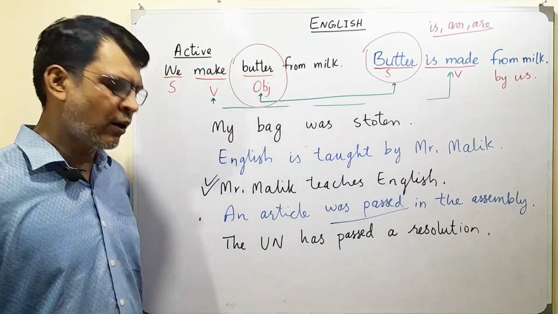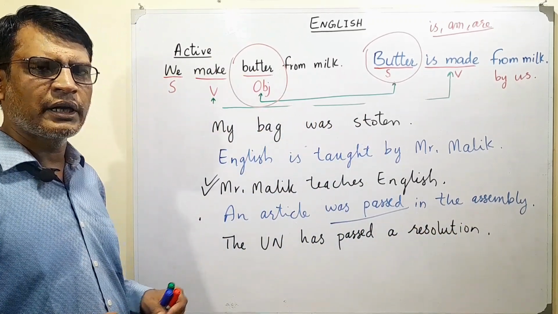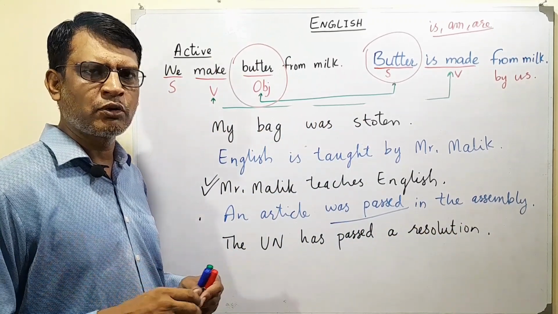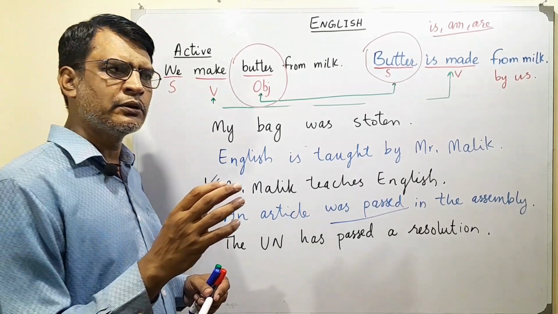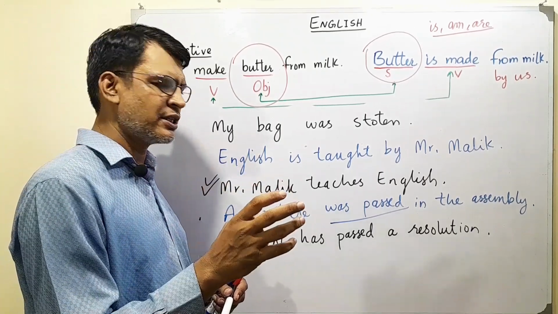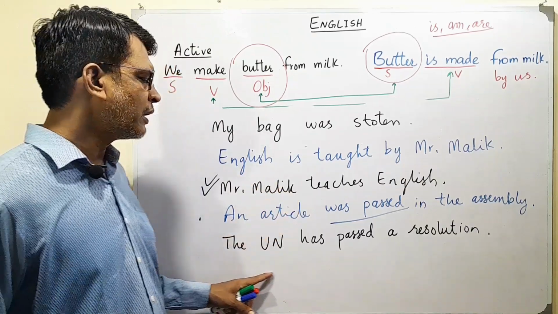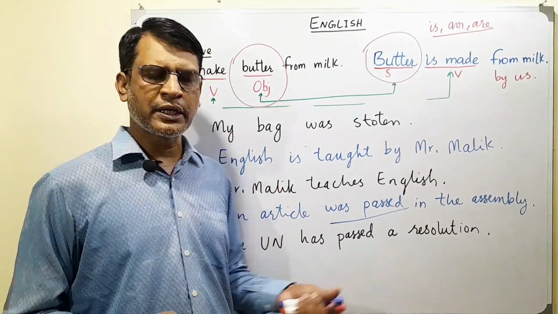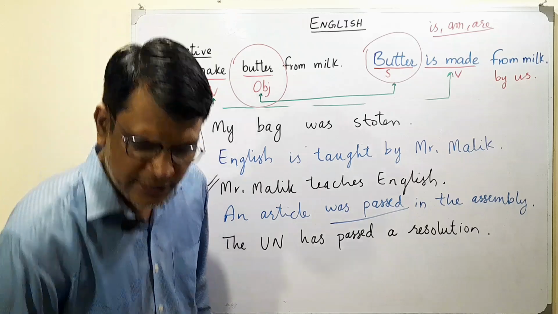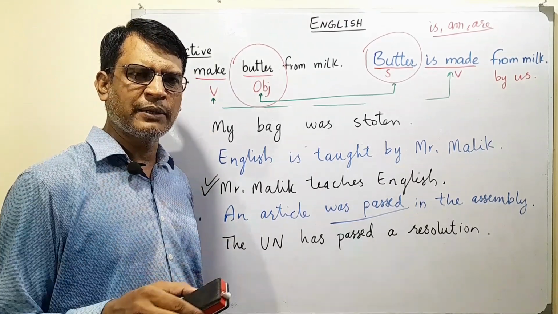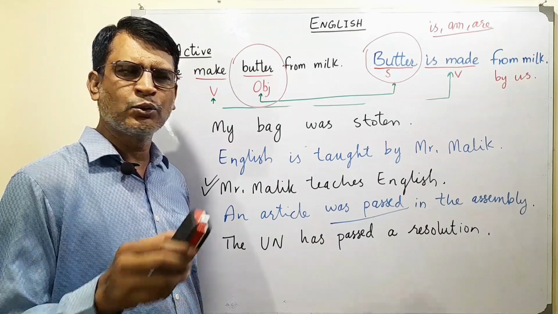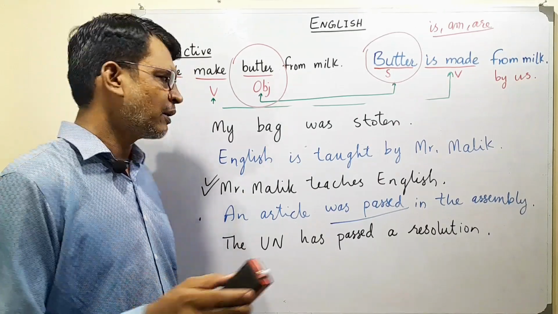Now, in the United Nations, there are a lot of countries, almost all the countries in the world, and they have all agreed on a certain resolution. Therefore, the UN has passed a resolution. So just remember that passive sentences are used when actions are important, when the doer is unknown or unimportant, okay?